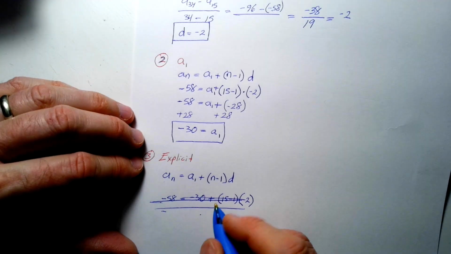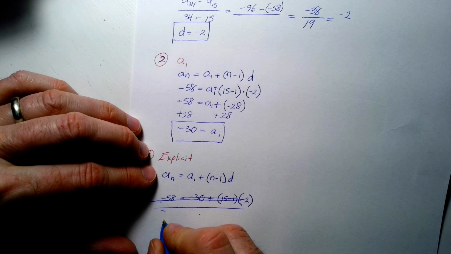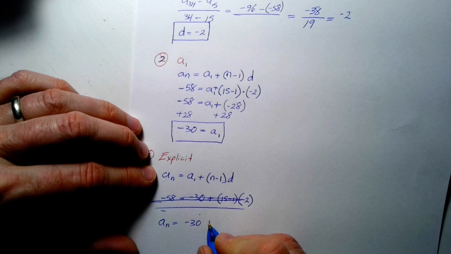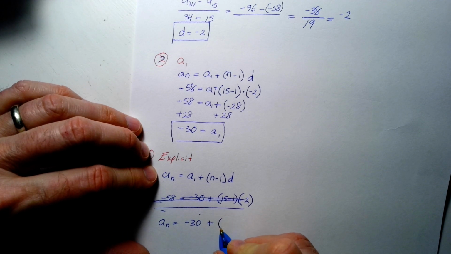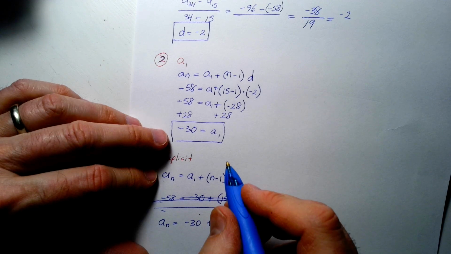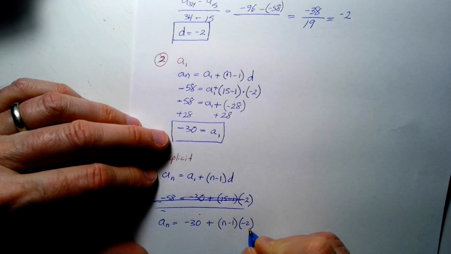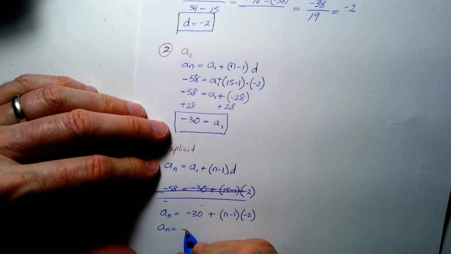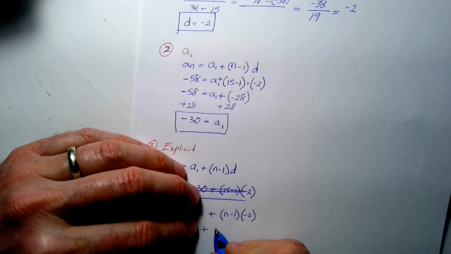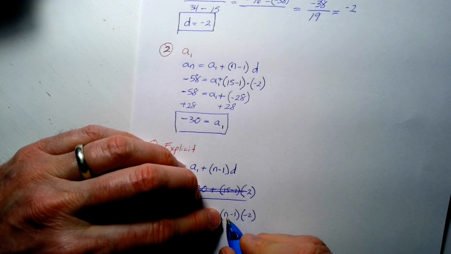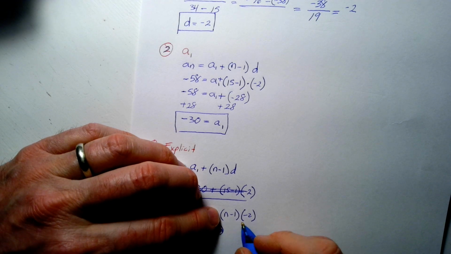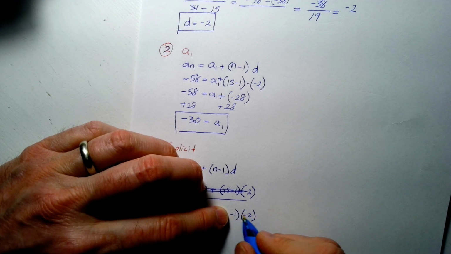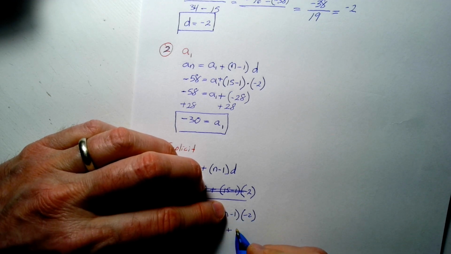So for our explicit formula, we have AN equals A1, which is a negative 30, plus n minus 1 times a negative 2. So AN equals negative 30 plus negative 2n, and then a negative 2 times a negative 1, negative times a negative is a positive, so plus 2.